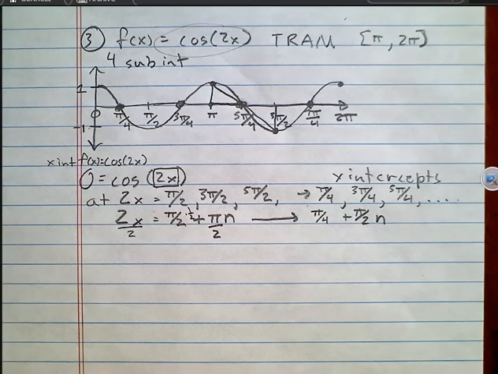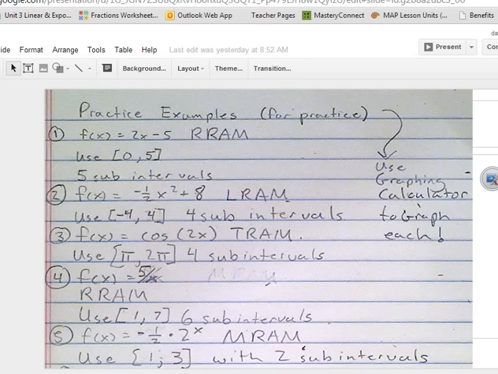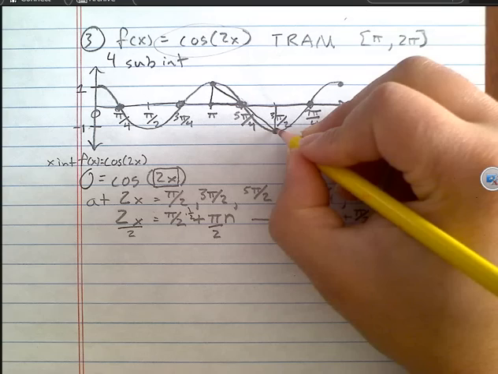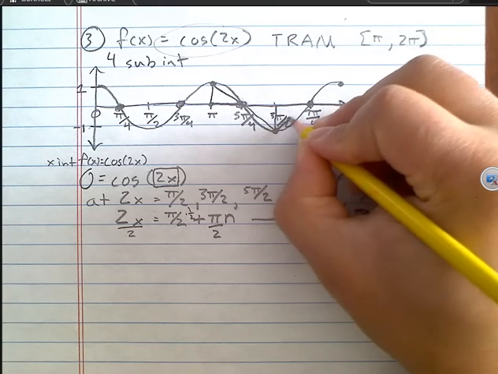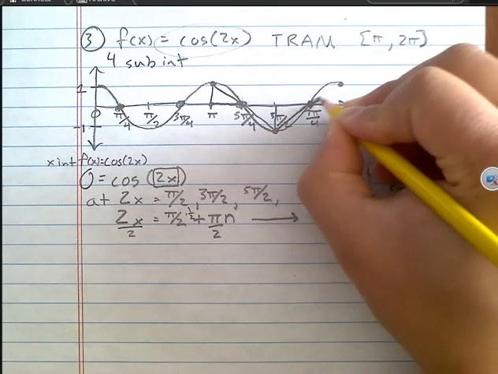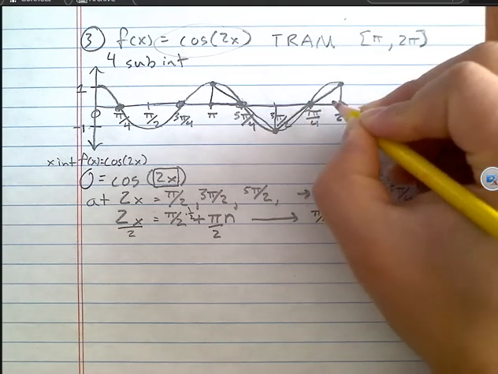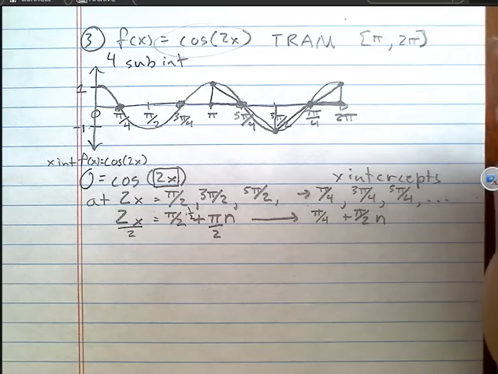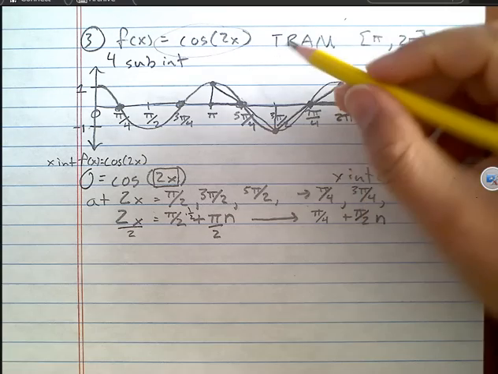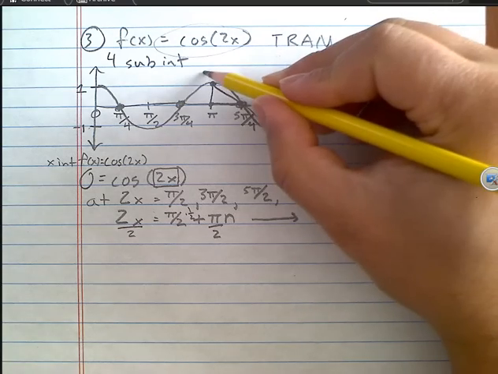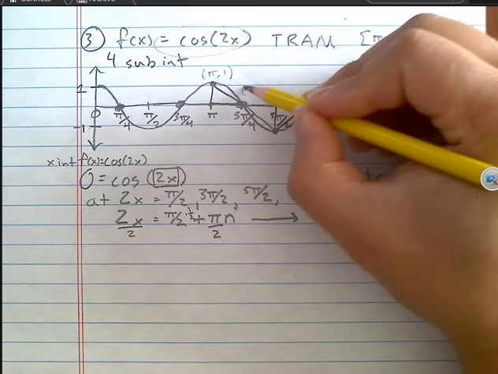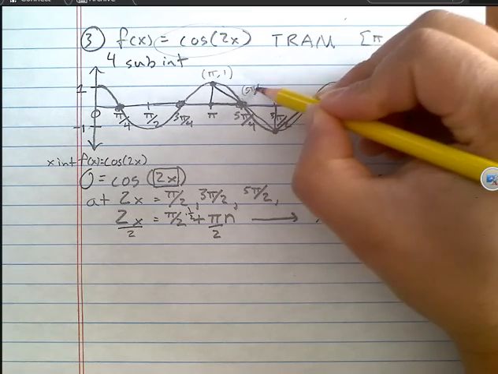Let me make sure I want to do a TRAM. Yeah, I did. Okay, so what you have is not actually a TRAM situation. You really have triangles, and this would be pi comma 1 and then 5 pi over 4 comma 0.